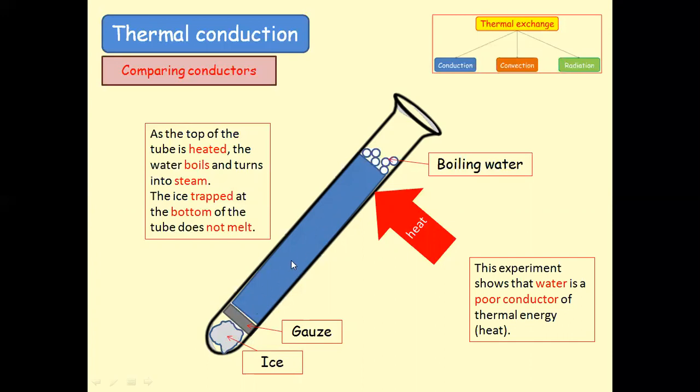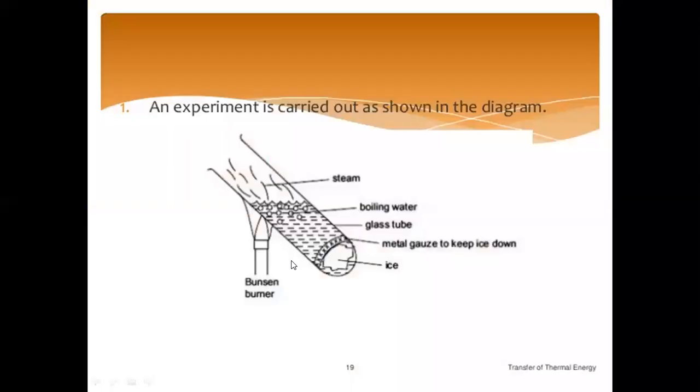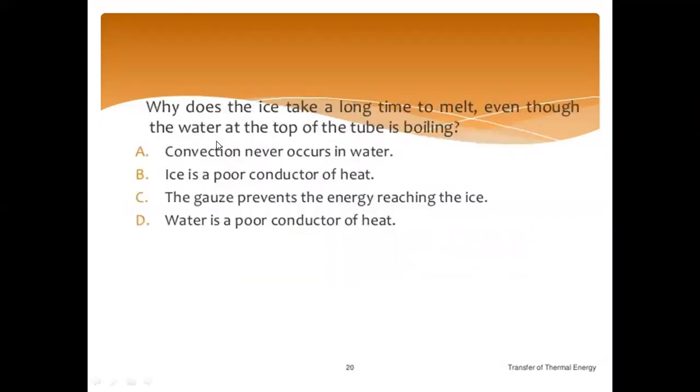since water is a poor conductor. Look at this question that is related to the previous slide. An experiment is carried out as shown in the diagram. Here is the same experiment. Now the question is: why does the ice take a longer time to melt, even though the water at the top of the tube is boiling?